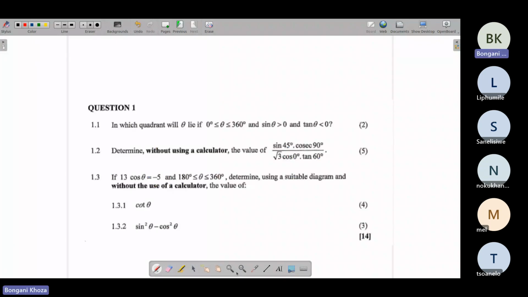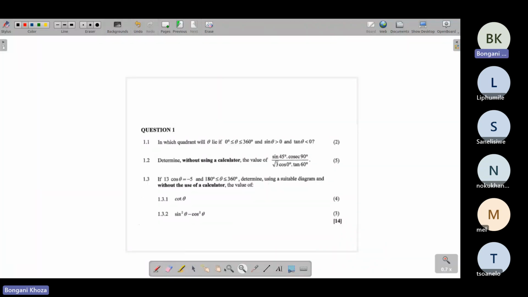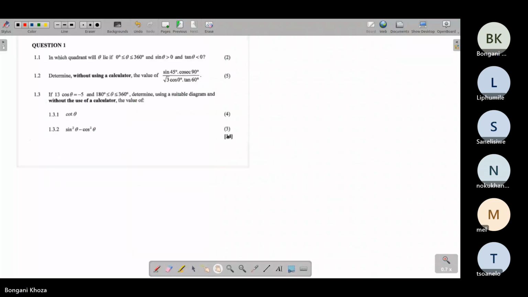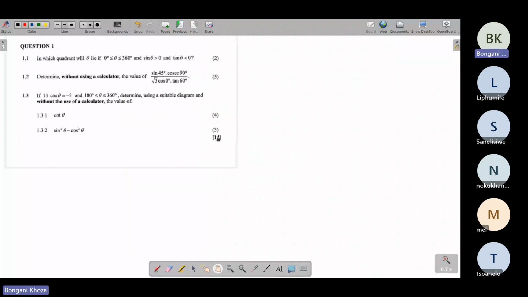All right, so this is from the 13th of May as well, part D on your pages. So it's trigonometry. Let's look at it. Here we are asked in which quadrant will theta lie if theta is from 0 to 360 and sine theta is greater than 0, also tan theta is less than 0.